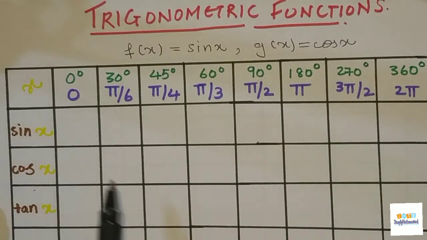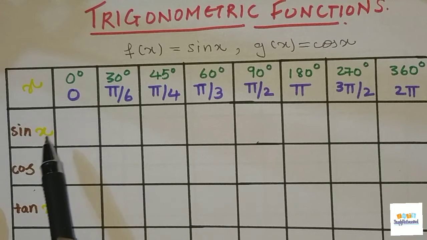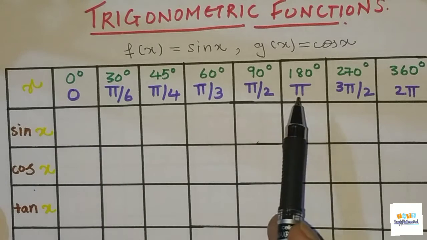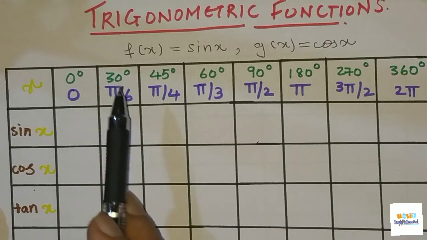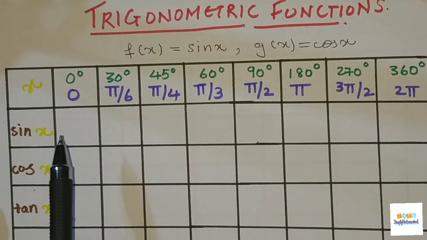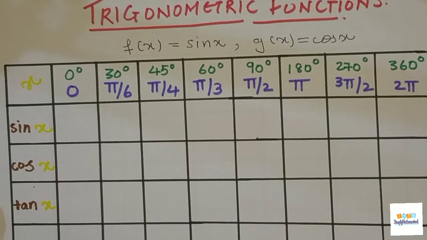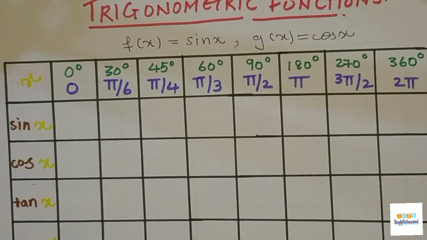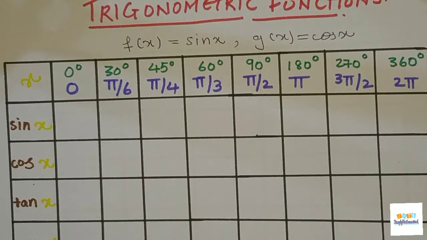Only, instead of sine of some value, you have the function sine of x, but x will take only the values in this table: 0, 30, 45, 60, 90 up to 360. So for these values we will see what the sine, cos, tan, cosec, sec and cot values are. The table is the same, only the extra part is from 180 to 360.